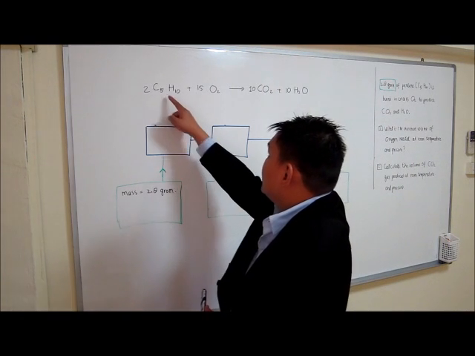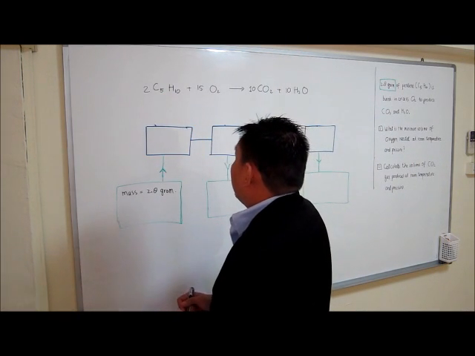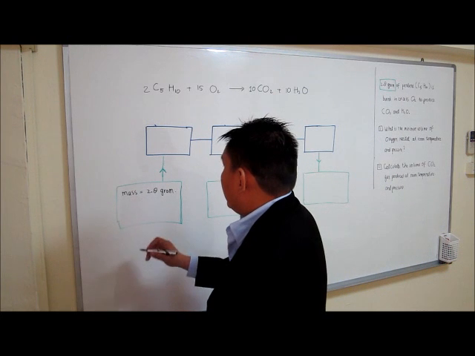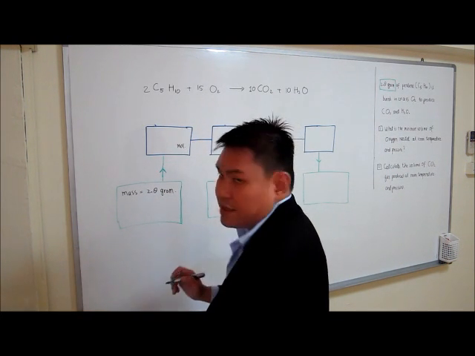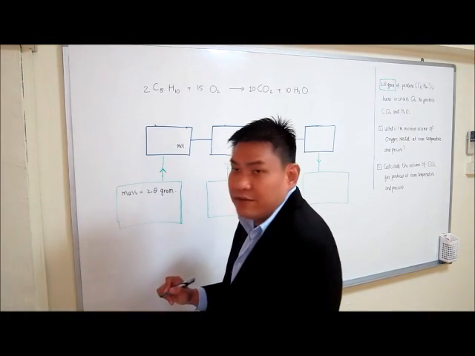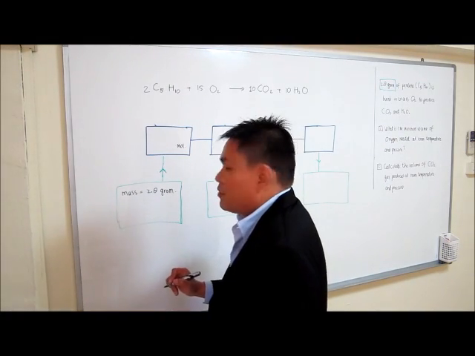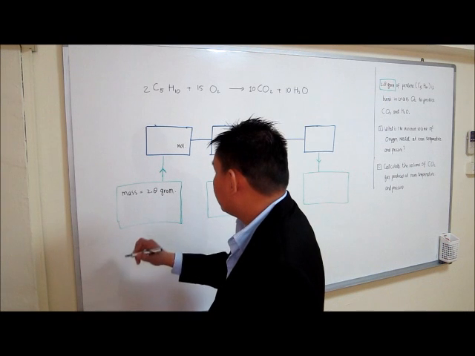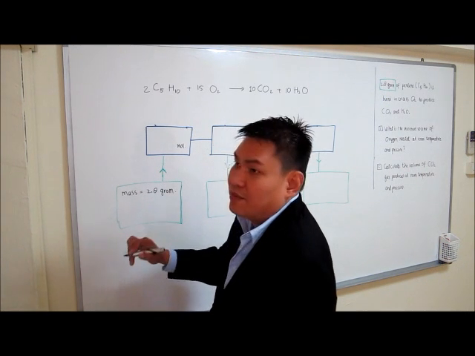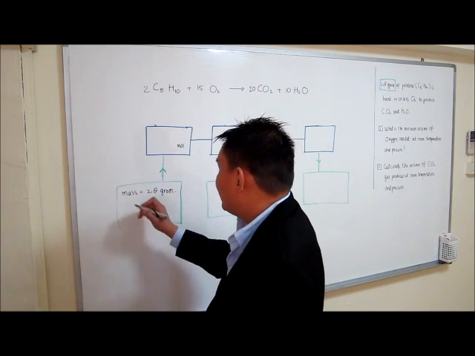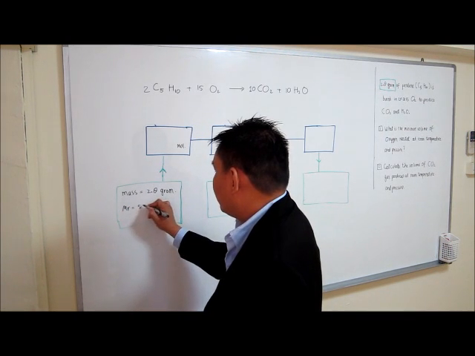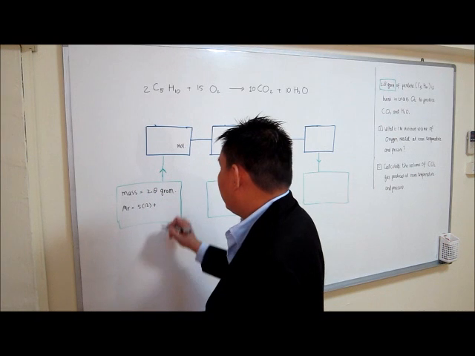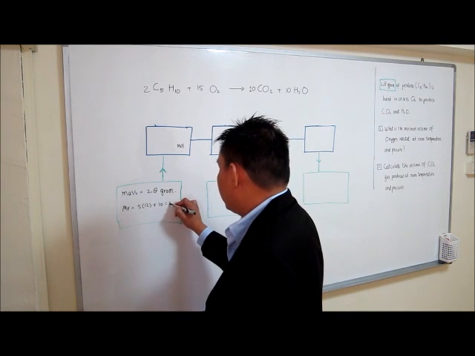So first of all is pentene C5H10, and to calculate the mole of C5H10 we need to apply formula number 1. Mole equals mass over Mr. Then we must calculate the Mr. 5 times 12 plus 10, you're going to get 70.